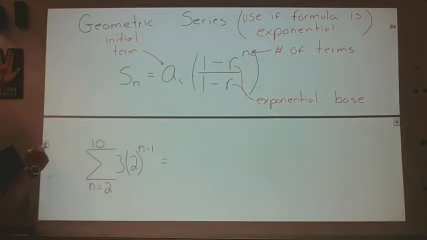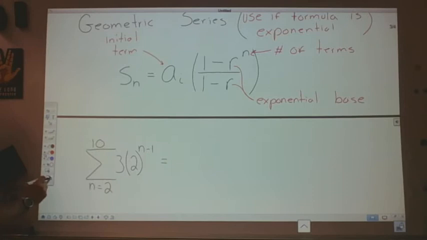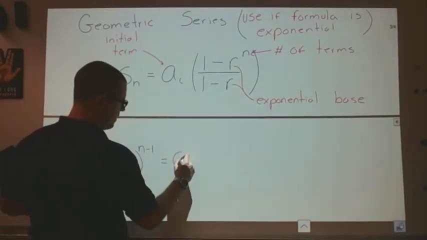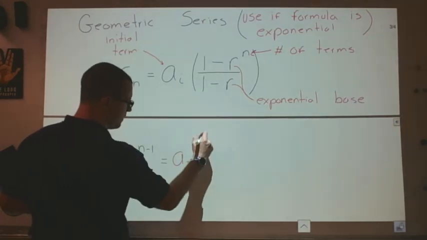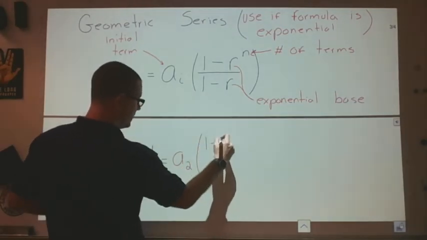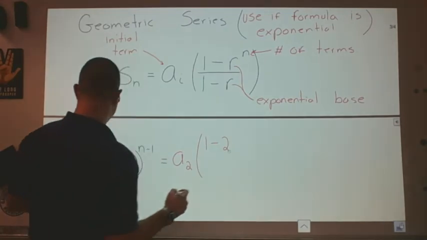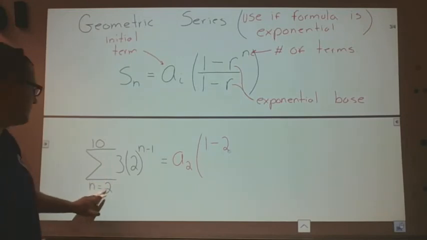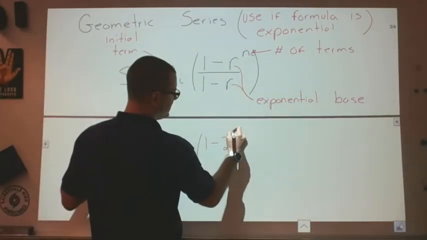So for instance, this one. If I wanted to find this sum, I need to find a sub 2 times 1 minus 2, and then, just like we did with arithmetic, top minus bottom plus 1. So 10 minus 2 is 8, plus 1 is 9.